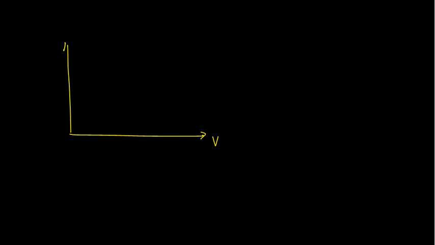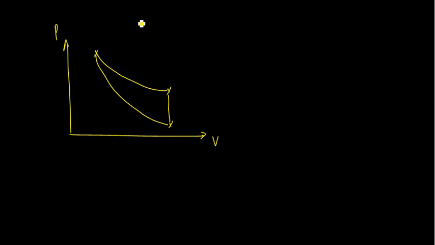So pressure versus volume. We have an isotherm here, we have an adiabat here, adiabat, isotherm, and then we have another path which connects the isotherm to the adiabat.